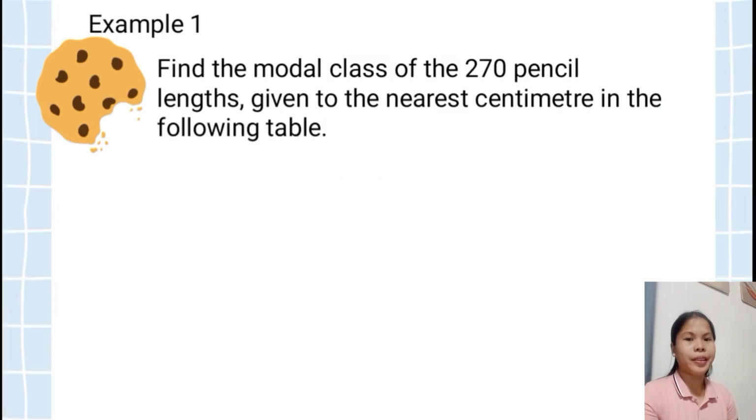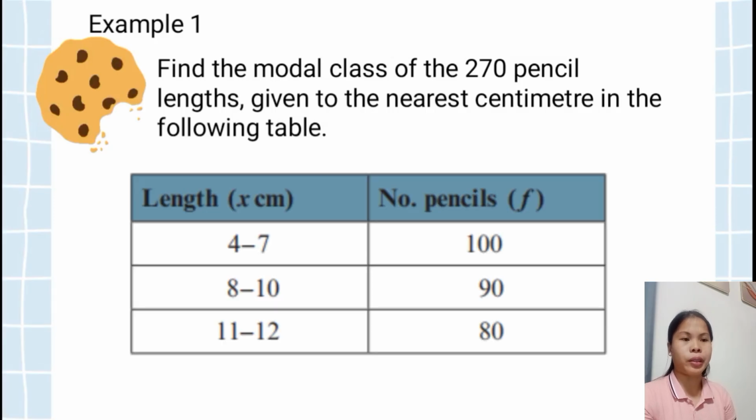To further understand what I mean, let's have example number 1. Find the modal class of the 270 pencil lengths given to the nearest centimeter in the following table. We have the length x in cm and the number of pencils as the frequency. 4 to 7 has 100, 8 to 10 has 90, and 11.